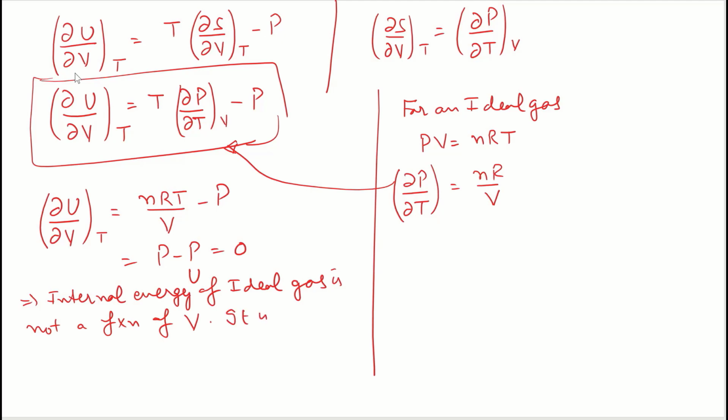It is a function of T only, and that's what we also learned from the kinetic theory of gases. Okay, so that's what was asked in the statement of the problem.